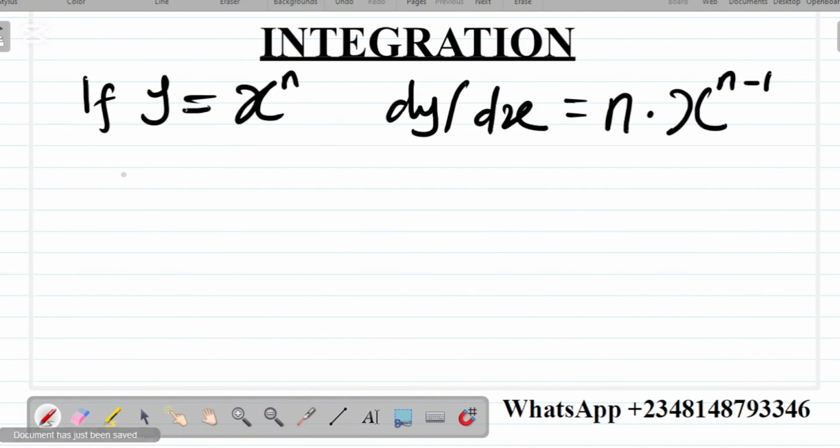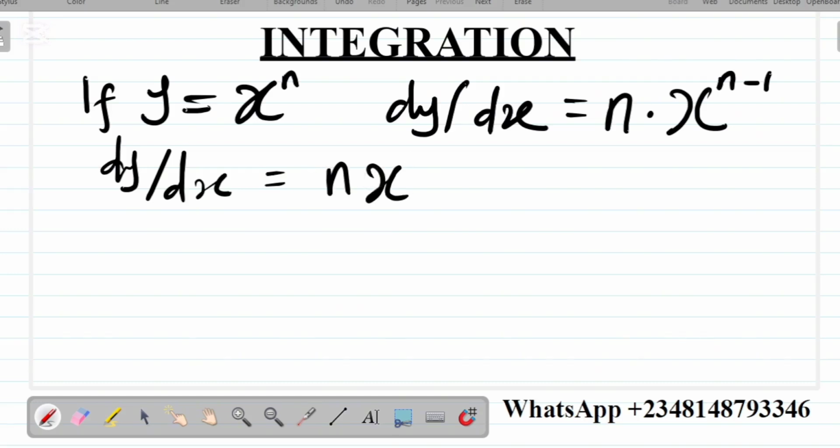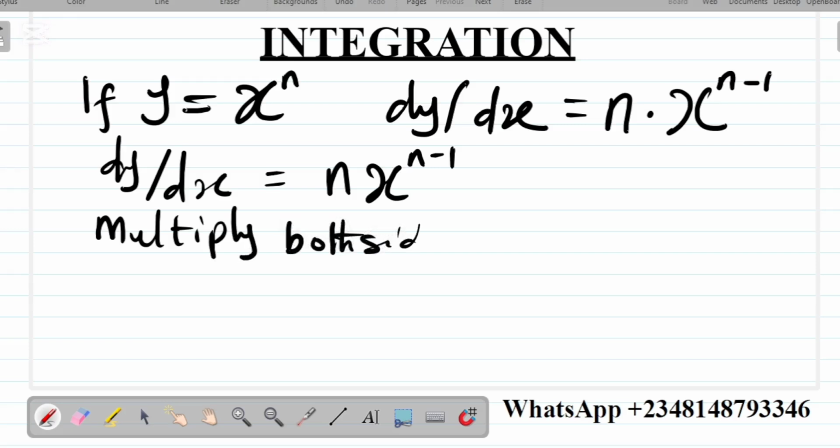So since we have dy all over dx to be nx raised to power n minus 1, let's multiply both sides by dx.